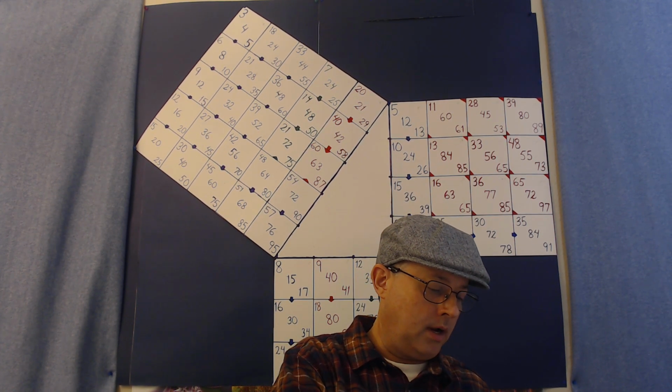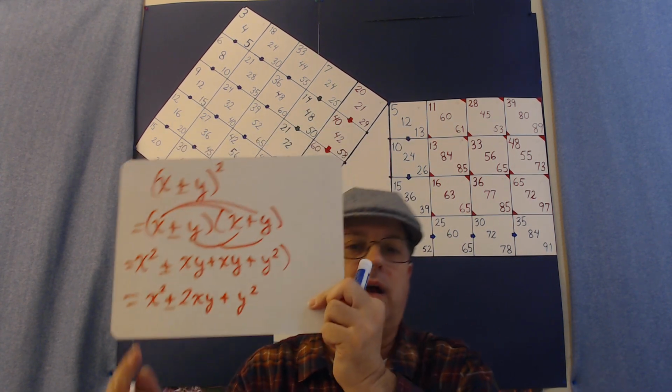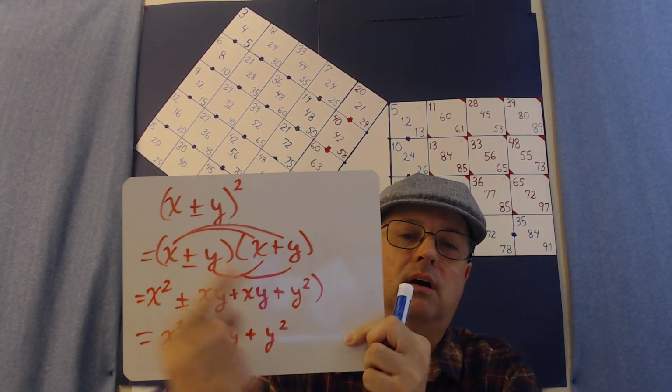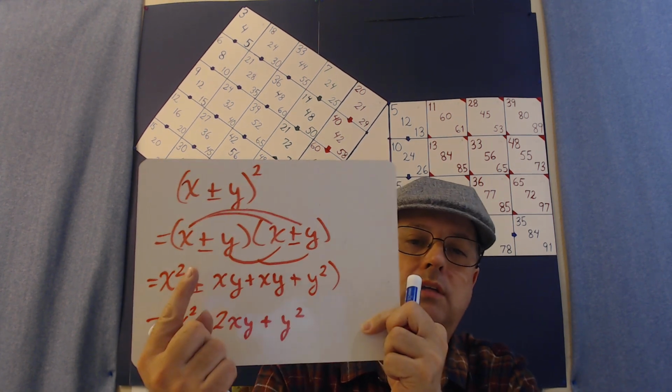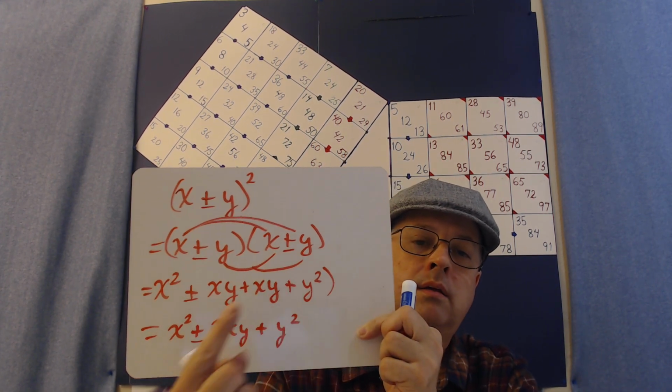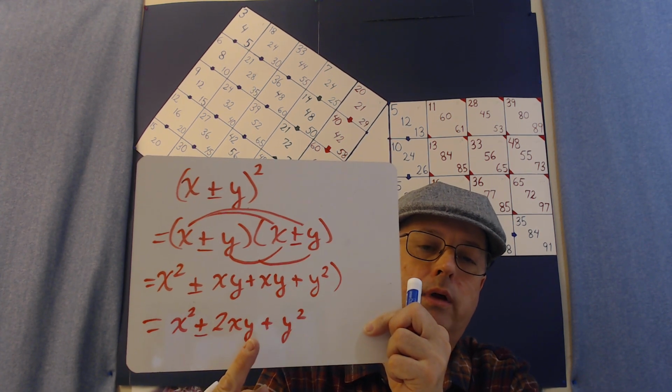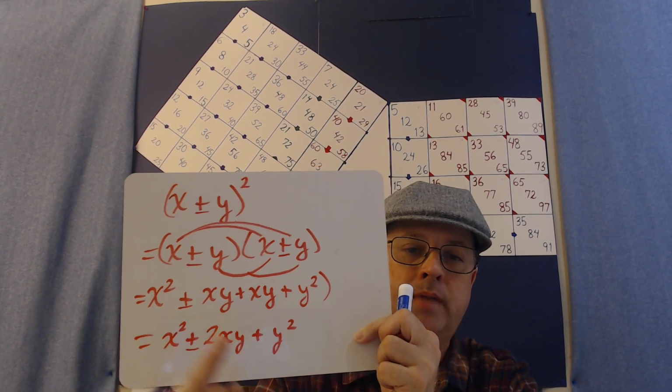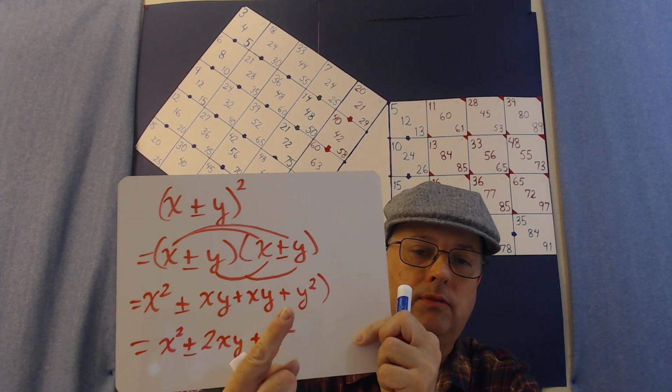So if it's X minus Y, then it's X squared minus 2XY. And then a negative times a negative is a positive. See how that works?